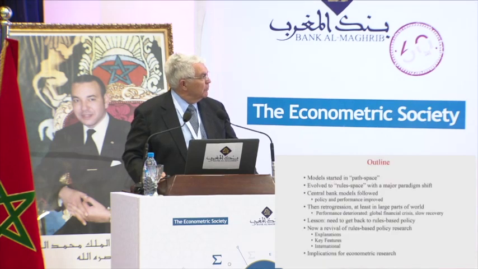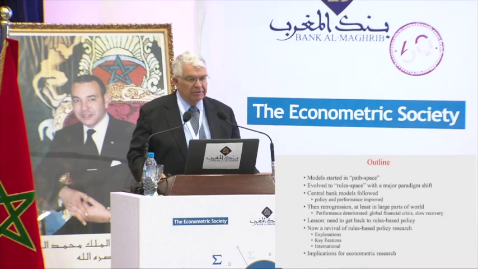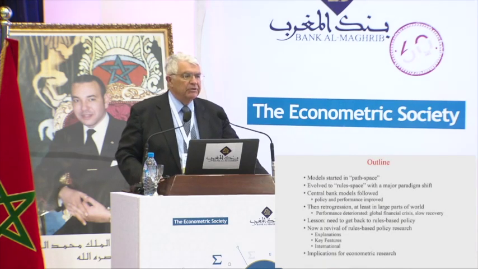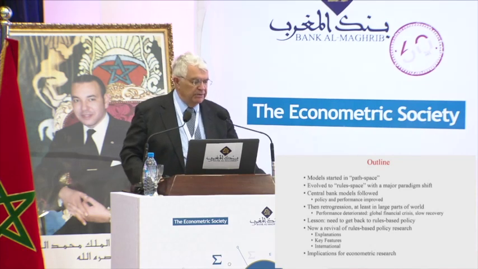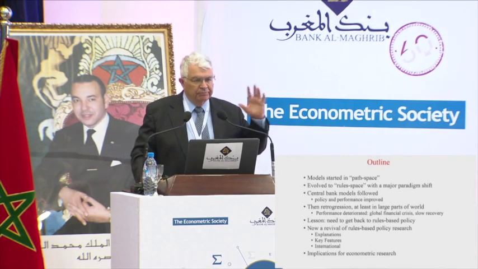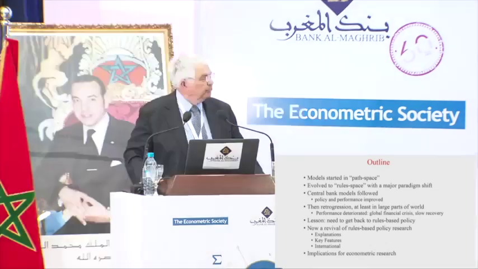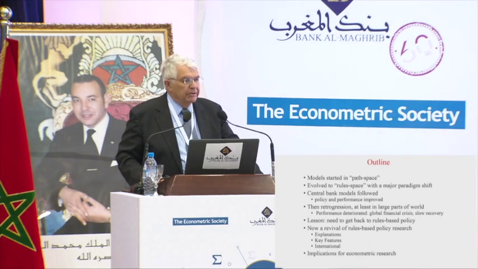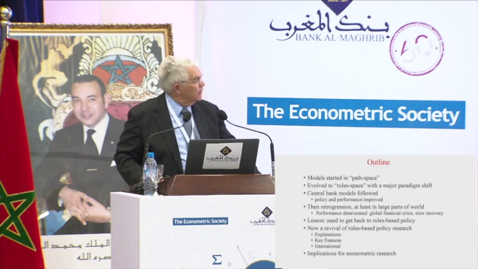For that reason, I want to talk about some history of econometric models as used in monetary policy, way back at the beginning, to a period I'm going to call path space, in the 1930s, and how that evolved into more rules analysis of policy.